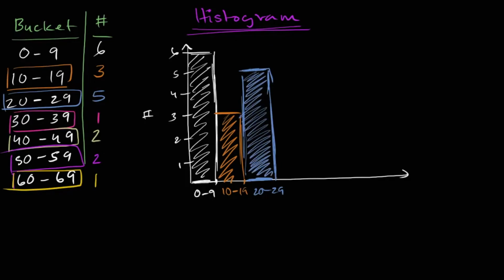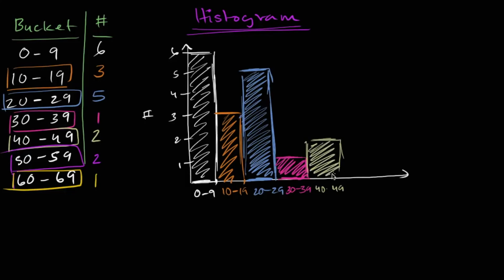All right, then 30 to 39. I'll try to write smaller. That's going to be this bar right over here. We have one person. And then we have 40 to 49. We have 2 people. So it looks like this.